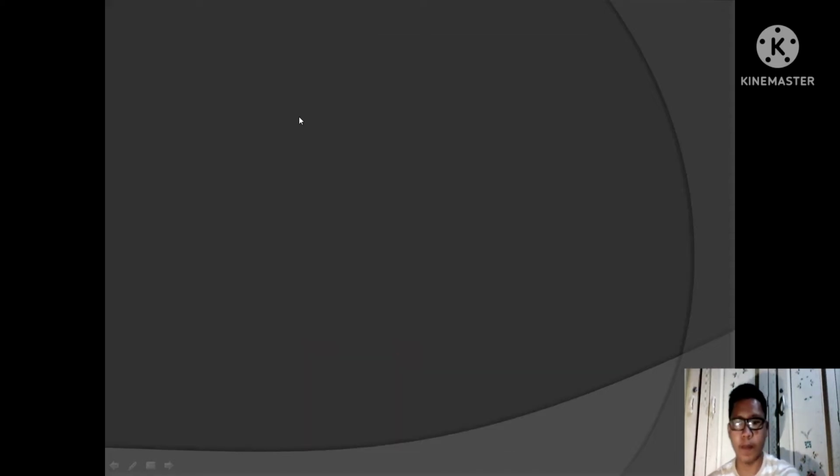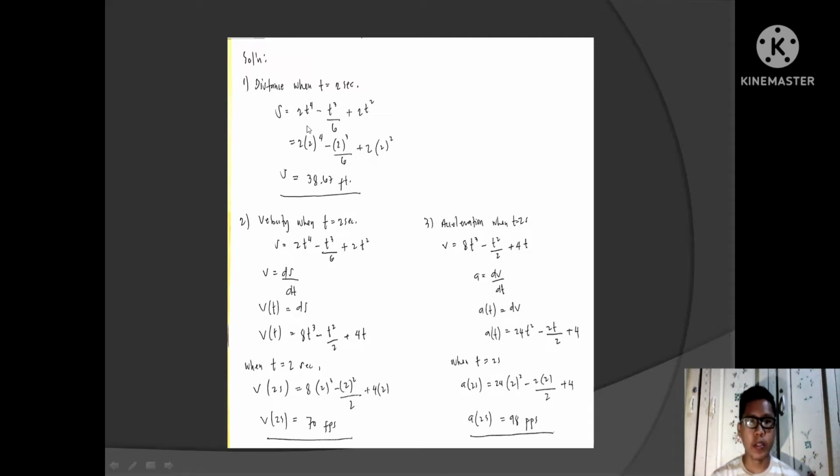So 2 times 2 raised to 4, minus 2 raised to 3 over 6, plus 2 times 2 raised to 2. We calculate, and we have 38.67 feet. So that's the distance when t is 2 seconds.